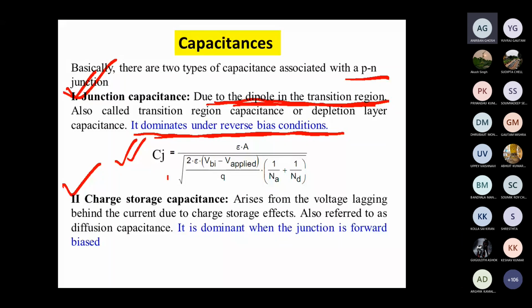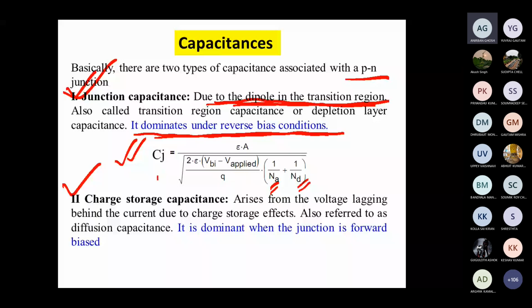Cj, junction capacitance, is equal to epsilon A divided by the square root of 2 epsilon VBI. Already we have termed VBI the built-in potential or barrier potential of the junction, and obviously this applied voltage is your reverse bias condition. Na is the acceptor concentration and Nd is the donor concentration. So this is the junction capacitance.